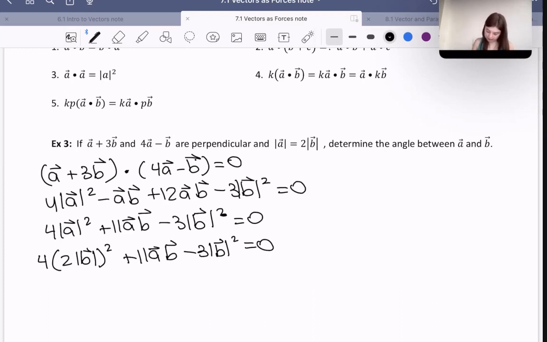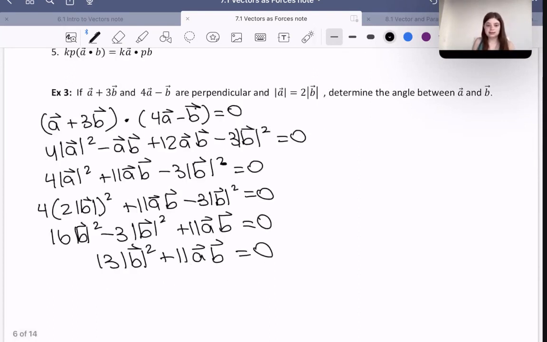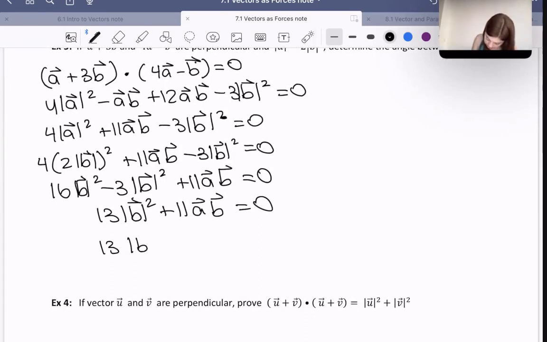Well, we can expand this part here, and this is going to end up being 16 magnitude b squared minus 3 magnitude b squared plus 11ab is going to be 0. So therefore we have 13 magnitude b squared plus 11 vector a vector b, and that's going to be 0. So that means that 13 magnitude b squared is going to equal negative 11 vector a vector b.